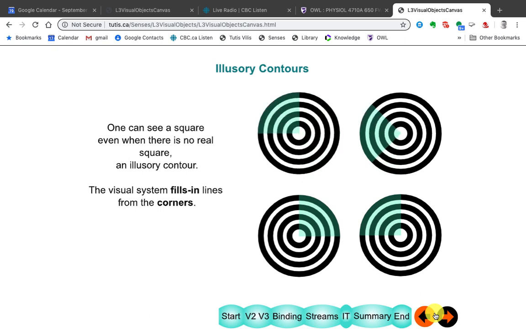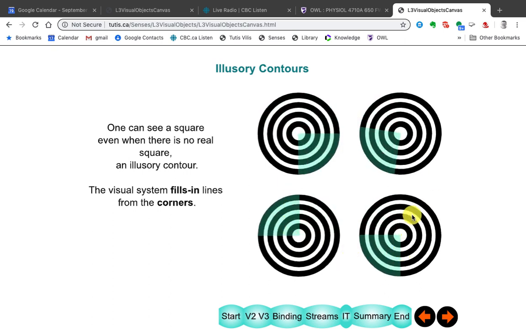This is an interesting phenomenon. You notice that these squares, within the circle, have this wedge appearing that's in green. And when the wedges are in this position, you should see a square form in here.